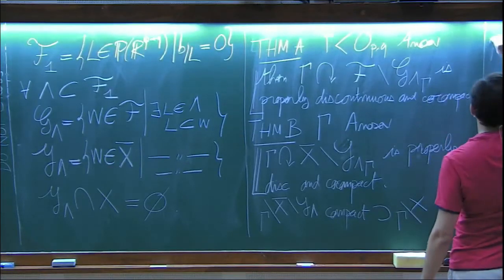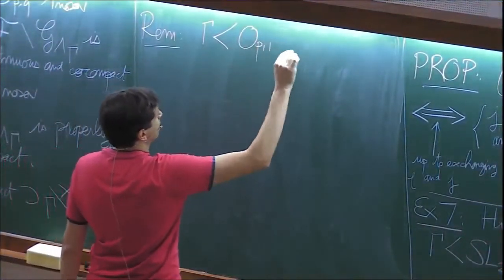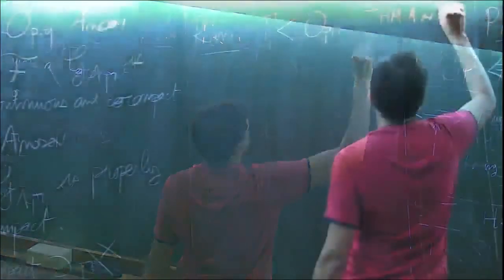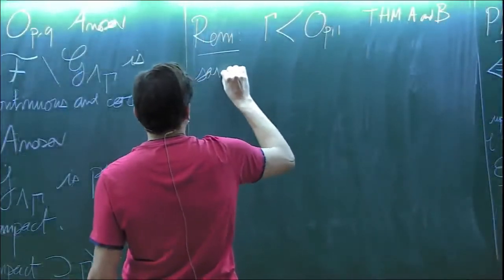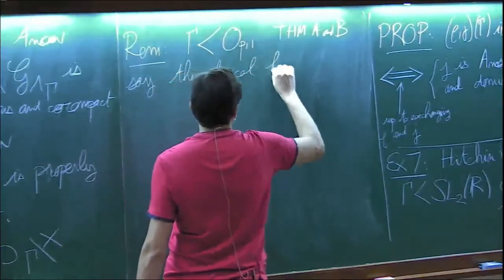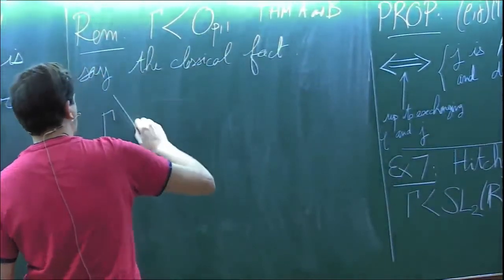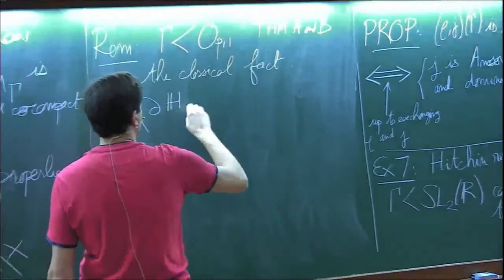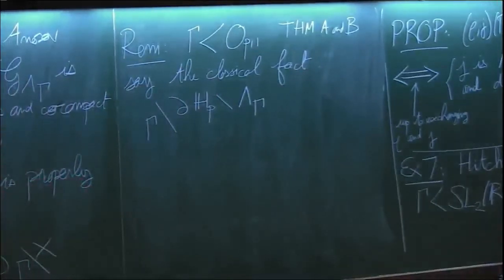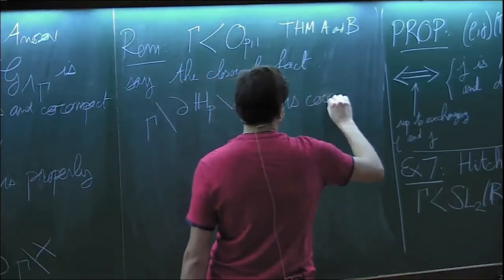So maybe I would like to remark that when gamma is in O(P,1), Theorems A and B say a classical fact: the action of gamma on the boundary of the hyperbolic space, when I remove the limit set, has a compact quotient.